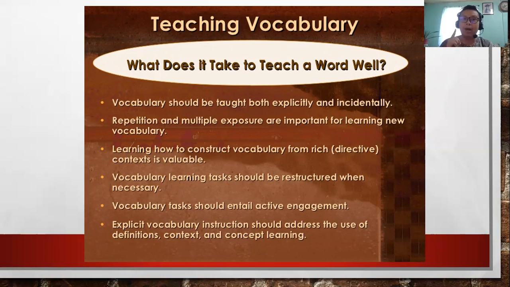The teacher should be a good model for imitation. Learning how to construct vocabulary from rich directive context is valuable. Vocabulary learning tasks should be restructured when necessary. And the tasks should entail active engagement, and the explicit vocabulary instruction should address the use of definitions, context, and concept learning.